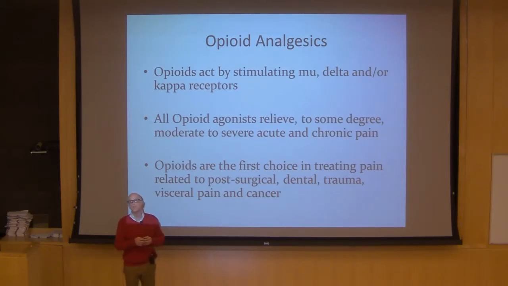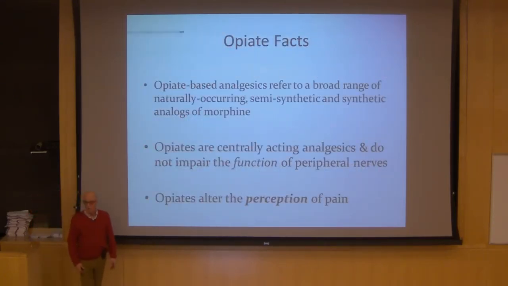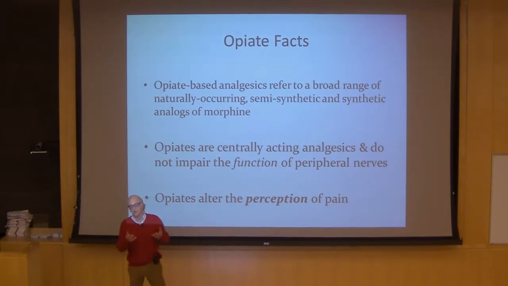And when we talk about opiate drugs, they're by far the most effective type of drugs for decreasing pain, for most intense pain situations, either chronic or acute pain. Okay, so opiates, those analgesics that modulate pain, are either a naturally occurring compound like morphine, or semi-synthetic, meaning the structure has been modified.